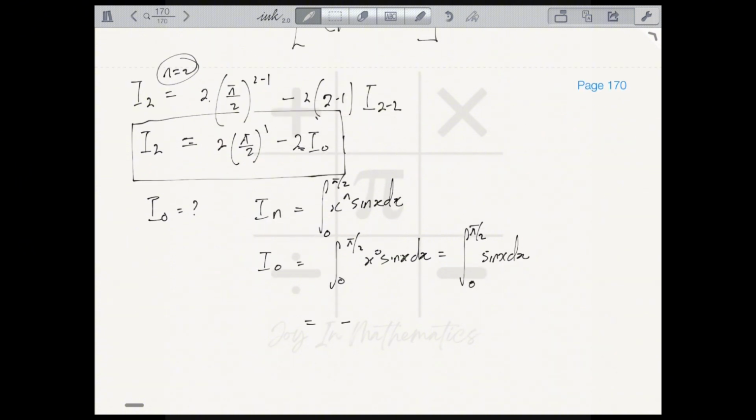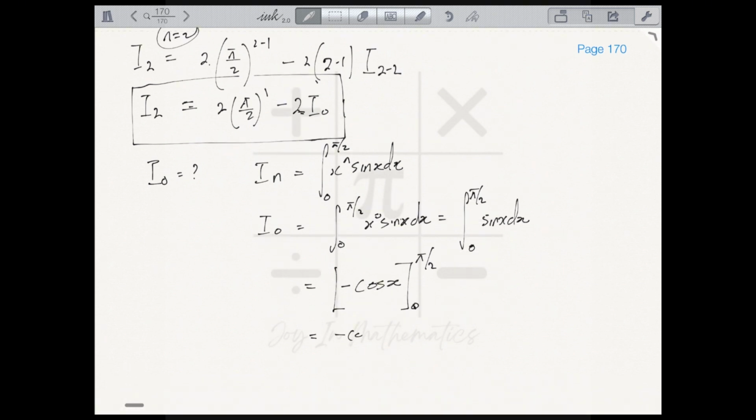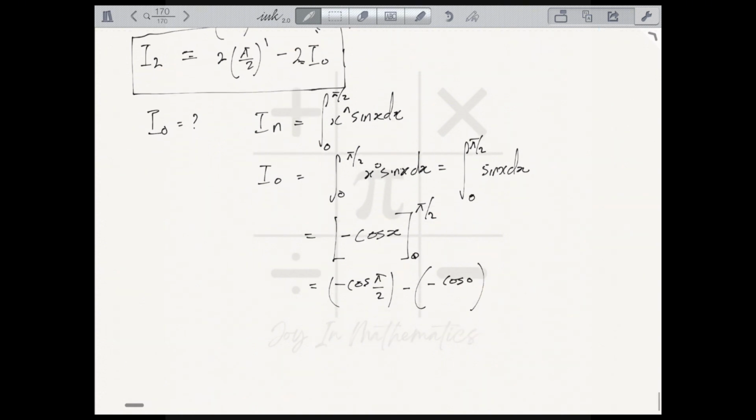So this will give us minus cos x, because integrating sine x gives minus cos x, and the limit is from 0 to pi over 2. So substituting our upper limit, we have minus cos pi over 2, minus the lower limit, that will give us minus cos 0. And we know that cos pi over 2 is 0 and cos 0 is 1. So altogether I naught will be equal to 1.